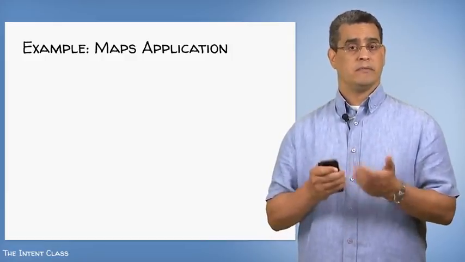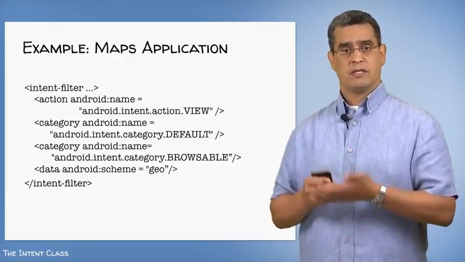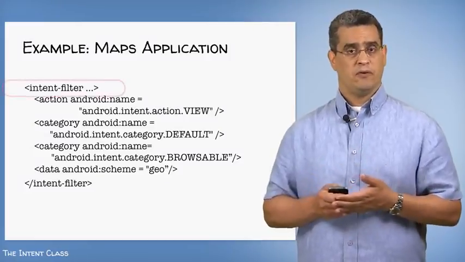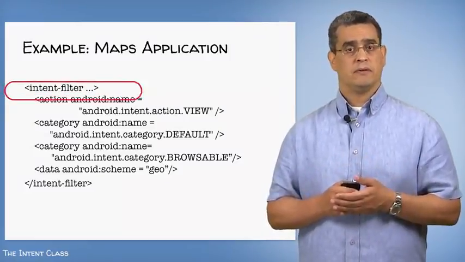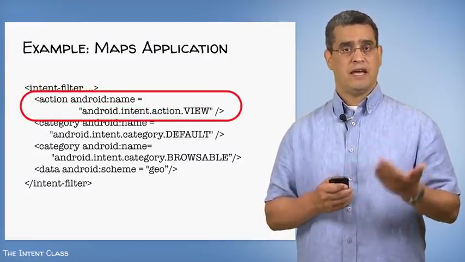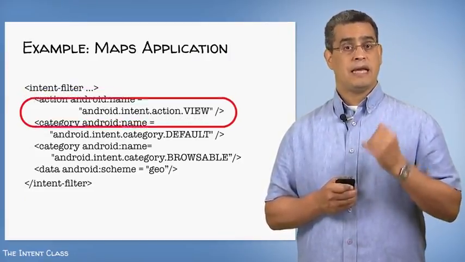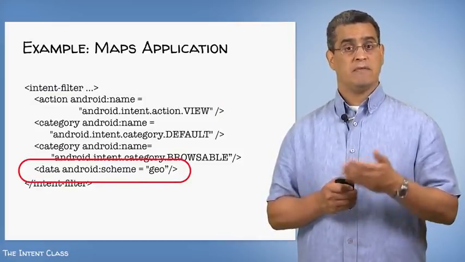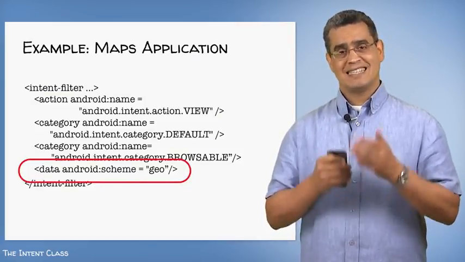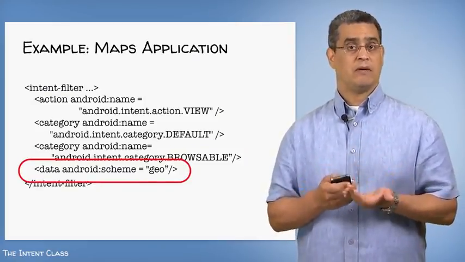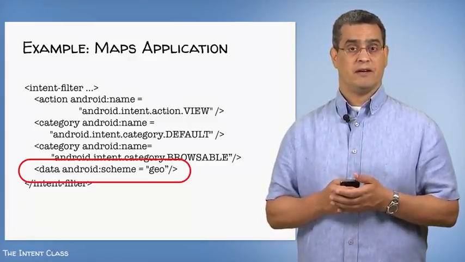And what I saw looked something like this. There was an activity with an intent filter, and that intent filter listed an action of android.intent.action.VIEW. And it had a data scheme of geo. In fact, this is exactly what the map location applications passed into startActivity.